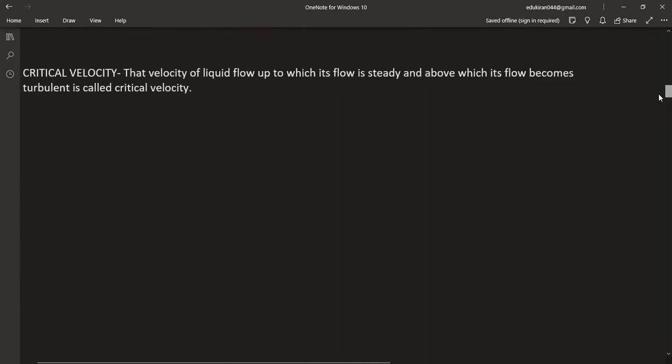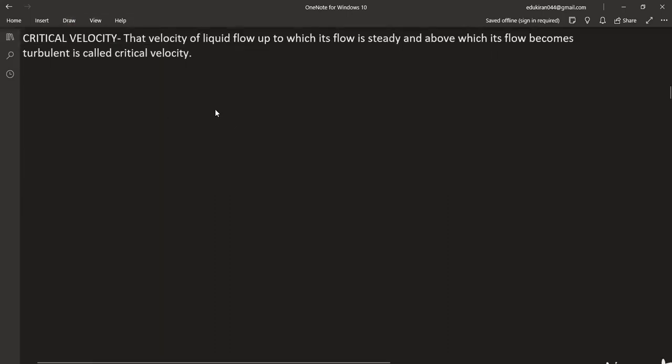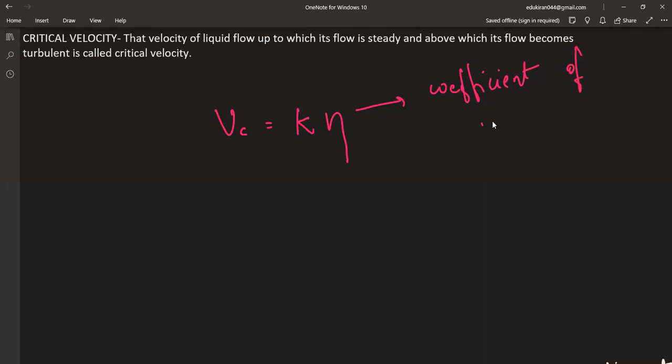One more parameter you have for the calculation, which is the critical velocity. So what is critical velocity? Critical velocity also is a formula. There will be a constant given to you. This is just a constant. It will be given to you in the question. Coefficient of viscosity, this is coefficient of viscosity by rho d.